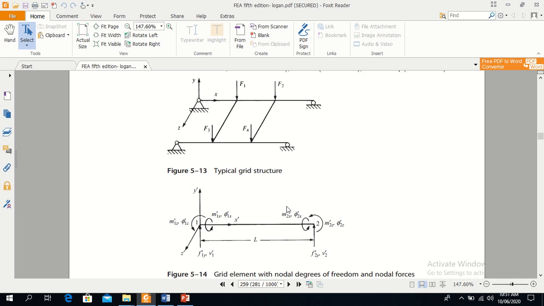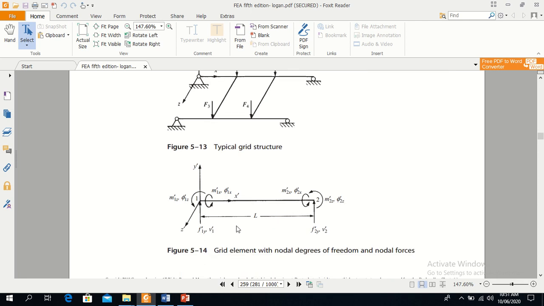So now we will develop the stiffness matrix to solve the problem of grid. At each node there are three components: two components of moment, Mz and Mx, and one component of displacement.